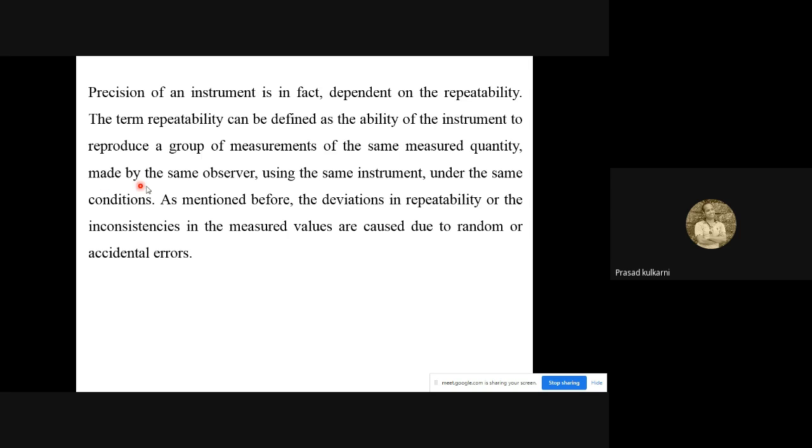It is made by the same observer using the same instrument under the same conditions. Please remember these terms and conditions. While taking a measurement, the same quantity must be measured, there should be the same observer, there should be the same instrument, and there should be the same operating condition.